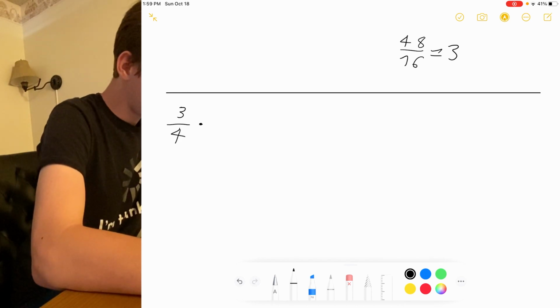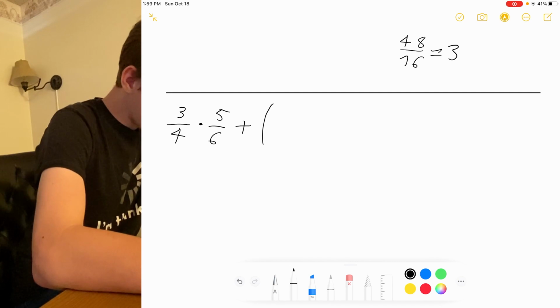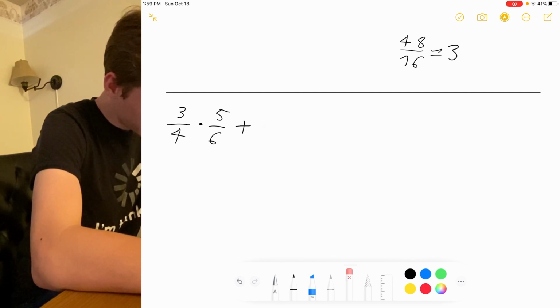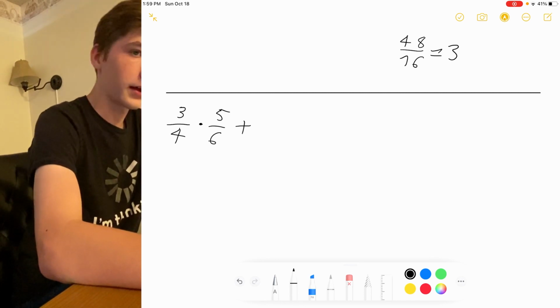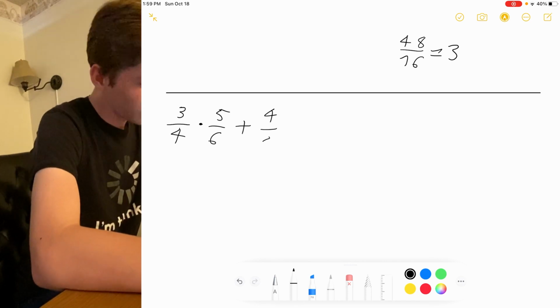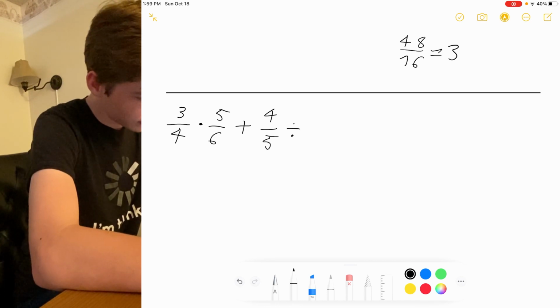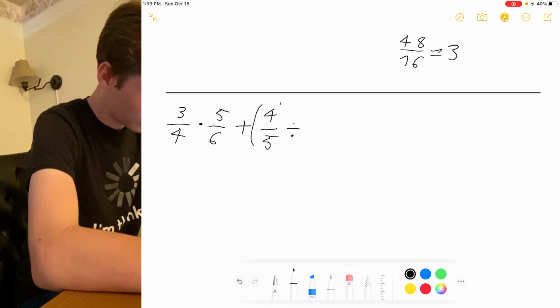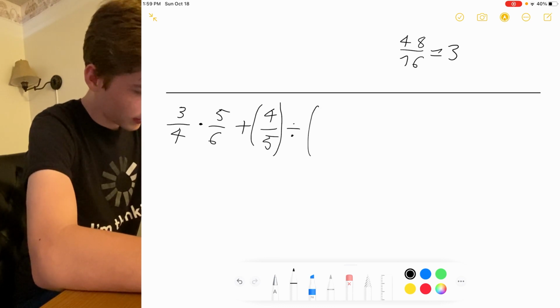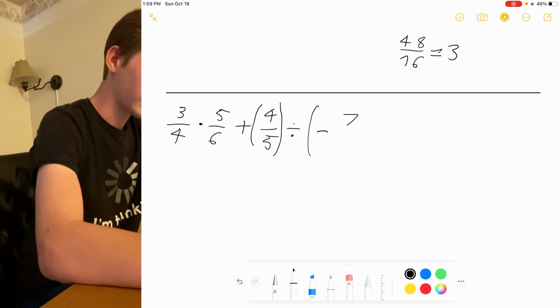Okay, let's do 3/4 times, this one will be positive, 5/6, plus 4/5, and that's going to be divided by negative 7/8.